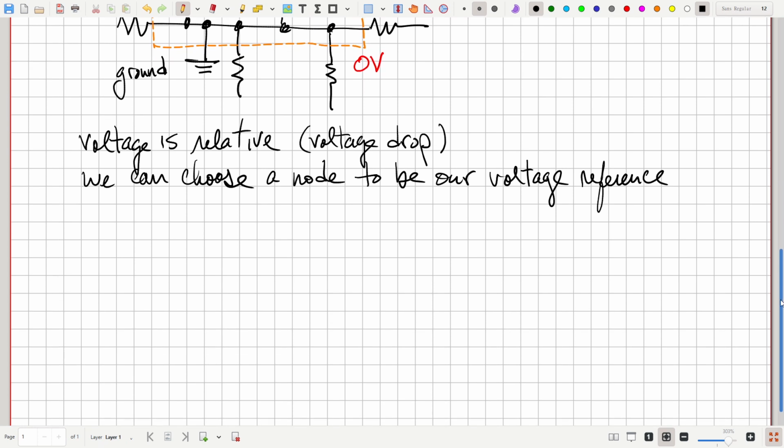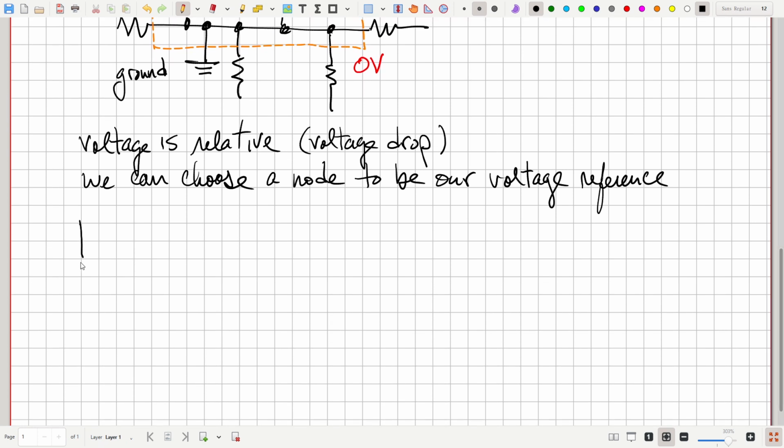Now consider the following circuit. Here we've got a current source driving two resistors in parallel.